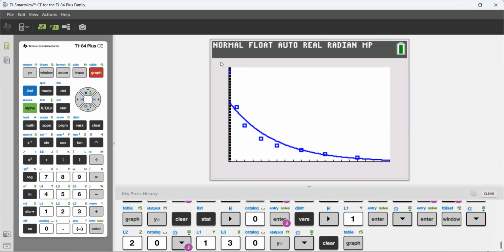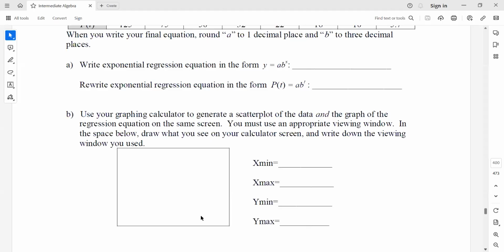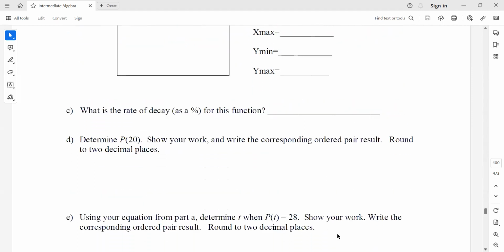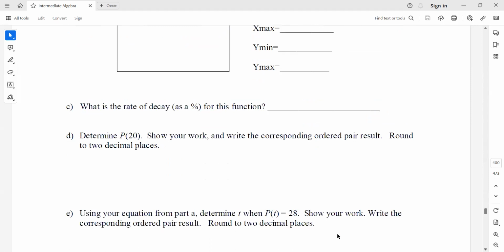All right, so you draw this in your space there, right, in the box. And then remember the window, set up your window. Now the next question is going to say, what is the rate of decay as percentage for that.